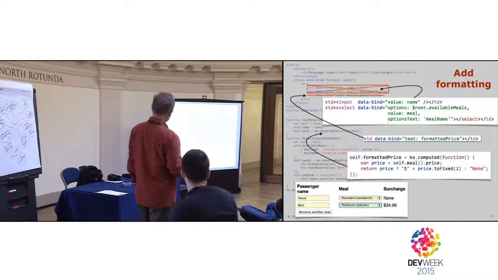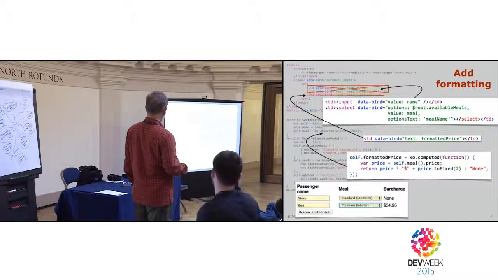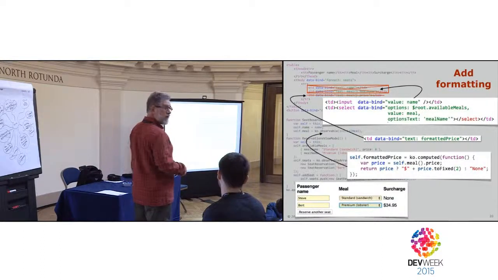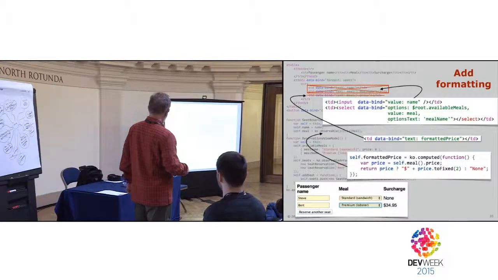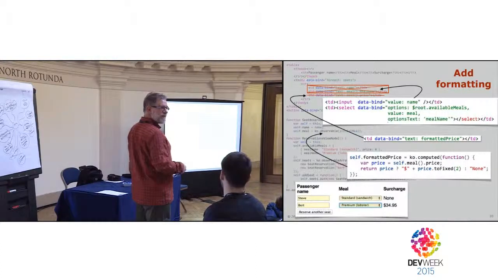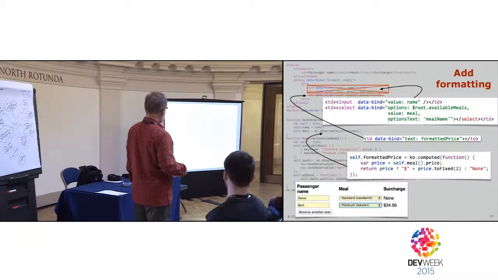So the first one is I'm going to bind the name on the leftmost column. But now it's being bound, notice, as an input field, not as a text field. And I'm binding on the right a selector. Remember, down here, this is now a selector. Is everyone following what I'm doing here?